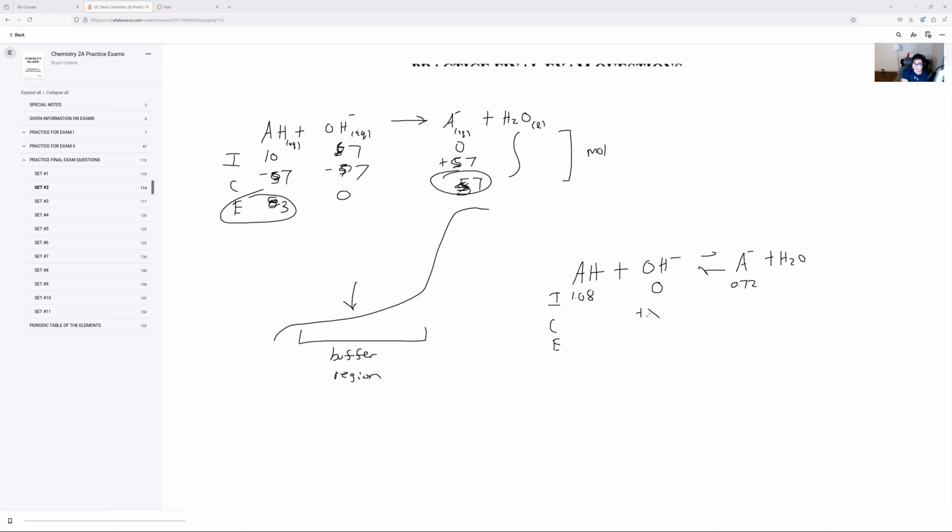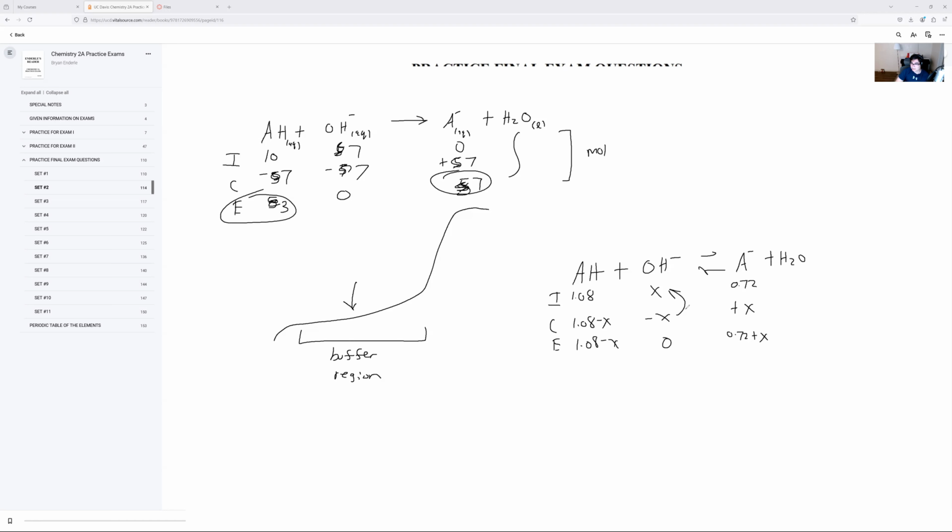Yeah, no, they made a mistake. That's wrong. This is supposed to be X amount that you don't know, and this is minus X. And then it goes to 0 down here, where it all gets used up. So this is 1.08 minus X, and that's 0.72 plus X. And this is still consistent with the Henderson-Hasselbalch. So they just made a mistake here. You should start with X amount that you don't know, and you assume all of it gets used up. Whoever wrote it made a mistake.